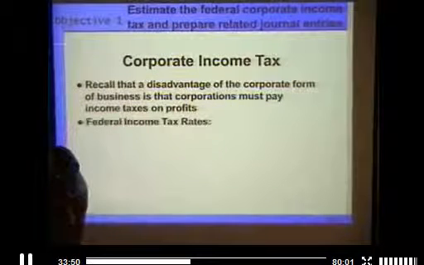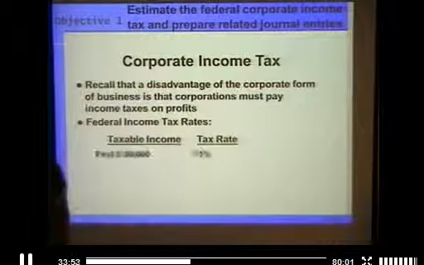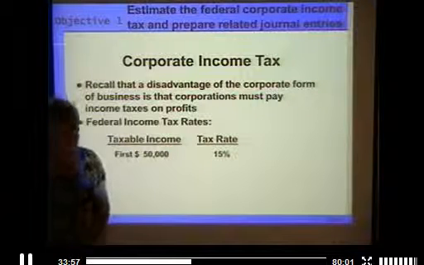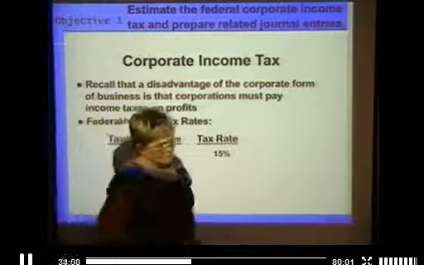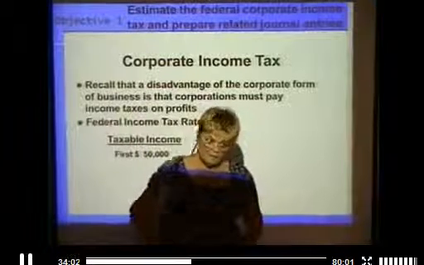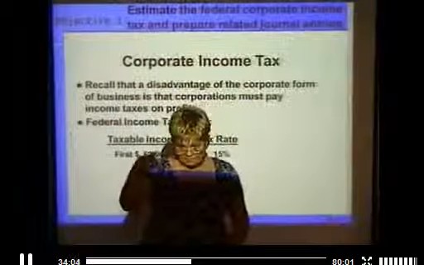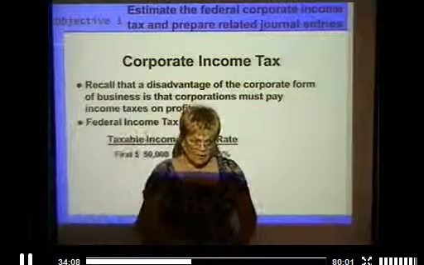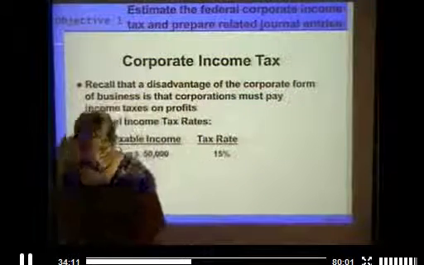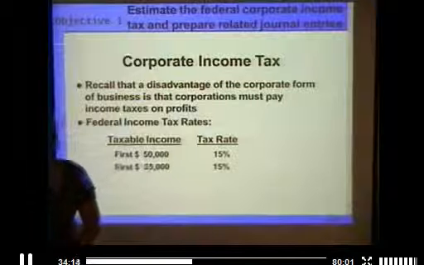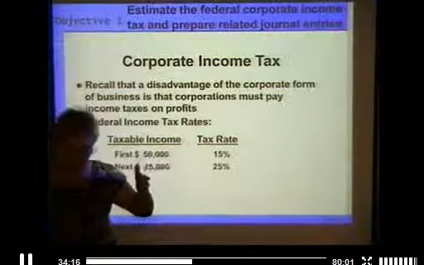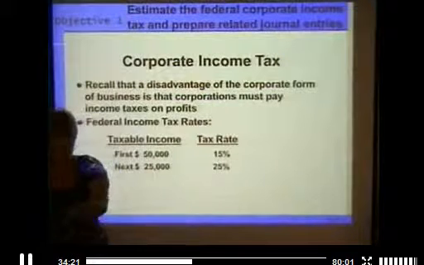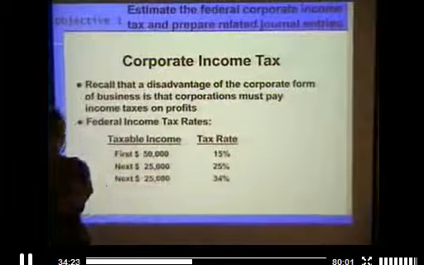But the rates are, as of the printing of this book, the first $50,000 that a corporation makes in profit, not net income, not sales or total revenue, but profit, they pay 15%. The next 25,000, it's sort of like you learned how to figure the first 50, and you go to the next 25, is 25%, and the next 25,000 is 34%.